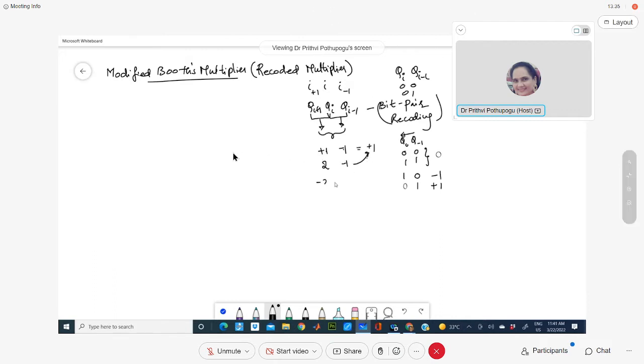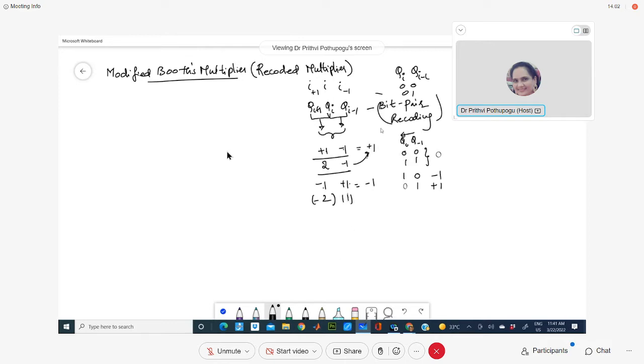Or if you are taking the recoded multiplier as minus 1 plus 1, this is 2 power 1, so minus 2, and this is 2 power 0, that means 1. So minus 2 plus 1 is minus 1.